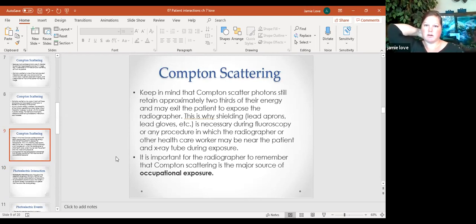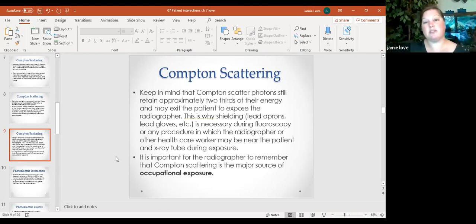So remember Compton interactions: that scattered photon loses 1/3 of its energy. So that original photon still has 2/3 of its energy to come through. If it goes in a new direction, it has, sorry, I said that backwards tonight.